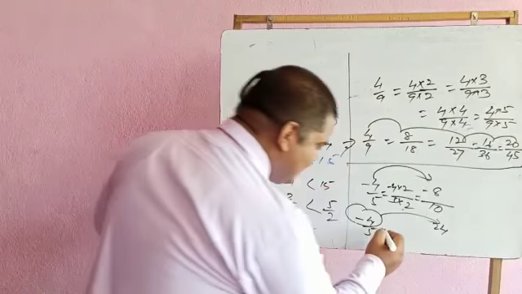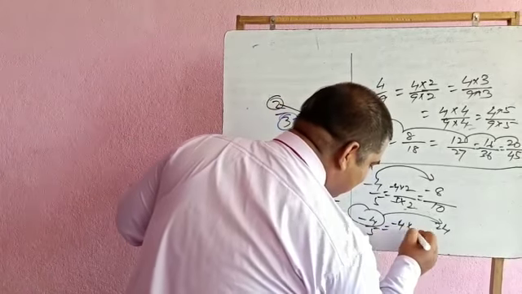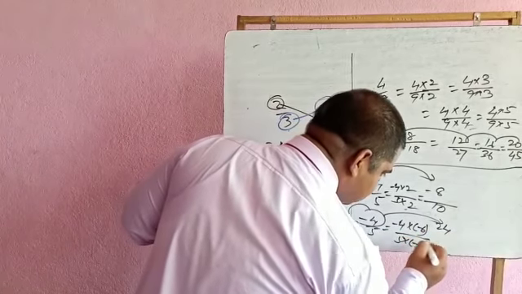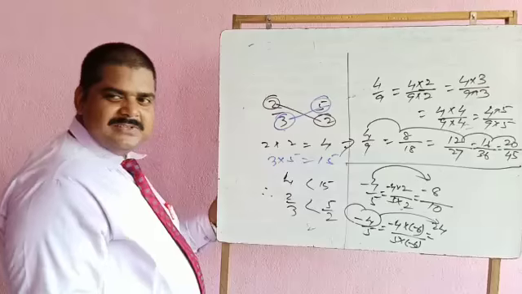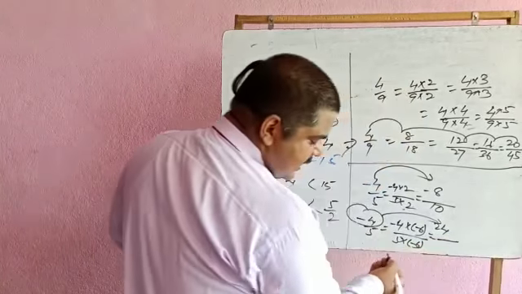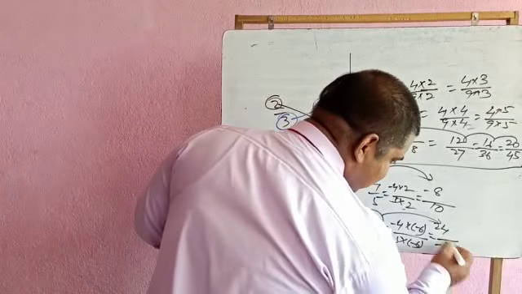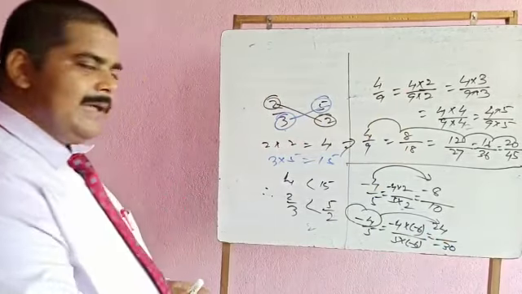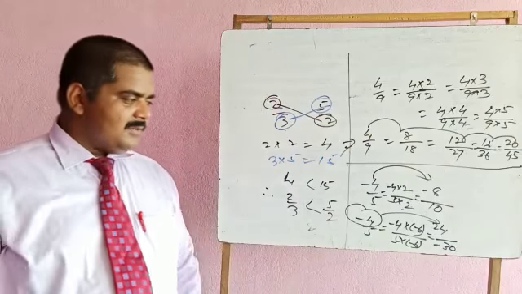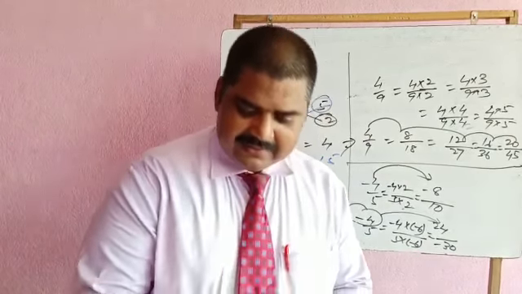You multiply minus 4 into minus 6 and 5 into minus 6, and it converts to 24 upon, 5 into 6, minus 30. So its numerator has been converted into 24 upon minus 30.